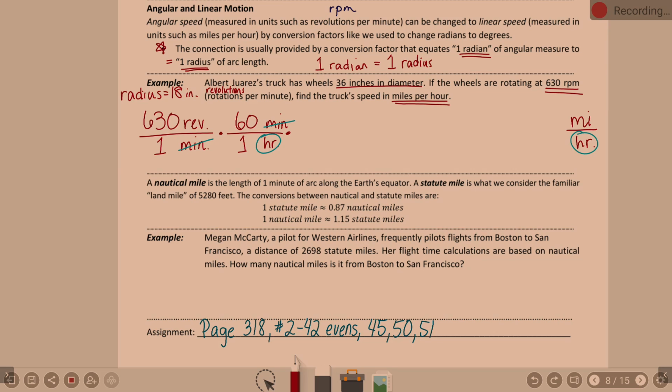Now, I can do 1 revolution over 2 pi radians or 2 pi radians over 1 revolution. Well, what do we want to happen? Revolution is on top. We want revolution to cancel. So 1 revolution on bottom is equivalent to 2 pi radians on top.